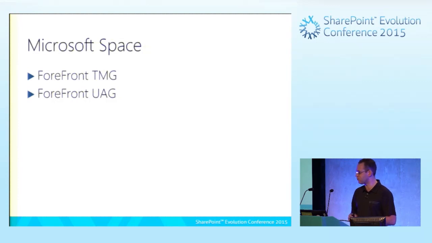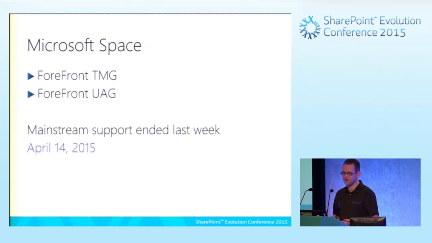In the Microsoft space, traditionally we had two products, Microsoft TMG and the newer one, Microsoft UAG. Unfortunately, the mainstream support for these products ended last week. So if you're still using them, you might consider other options. I'm not saying that the web application proxy, what we are going to do today, is an absolute alternative to TMG and UAG. No, it isn't.